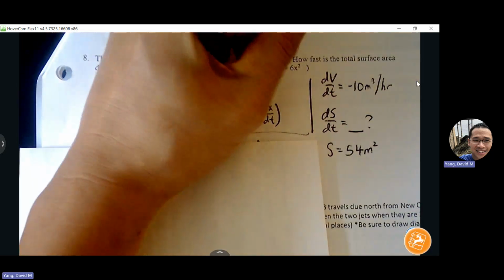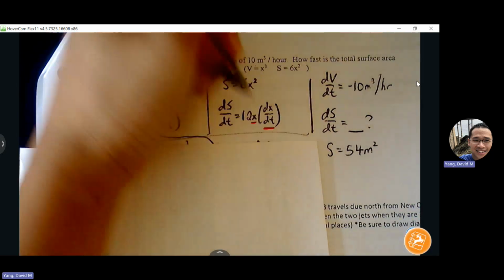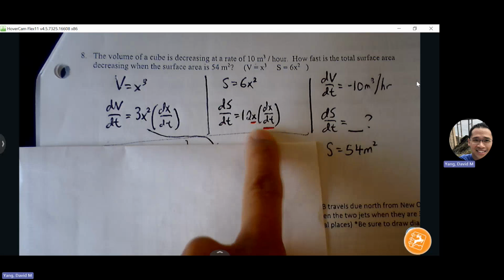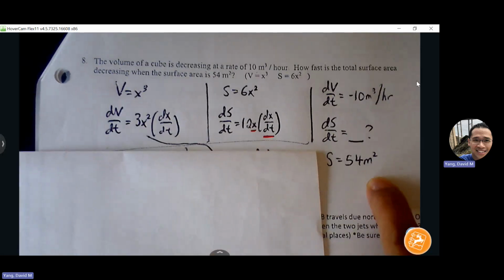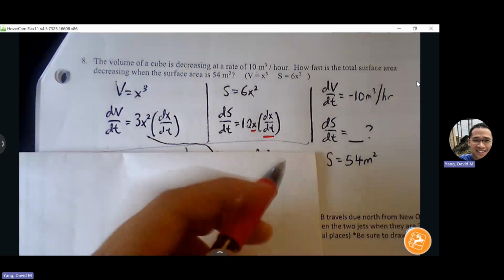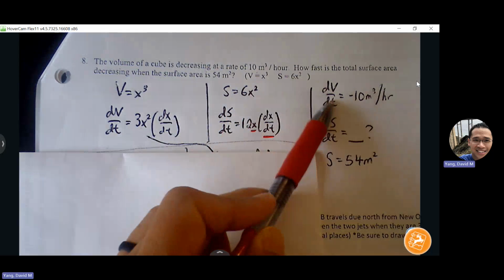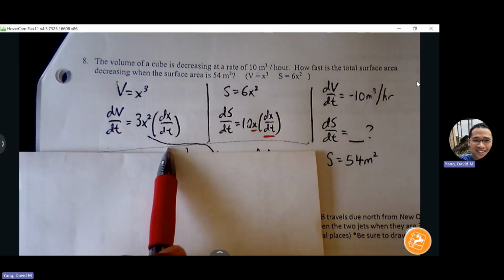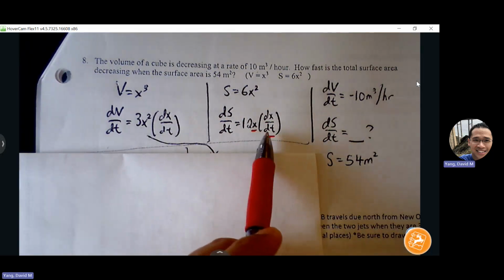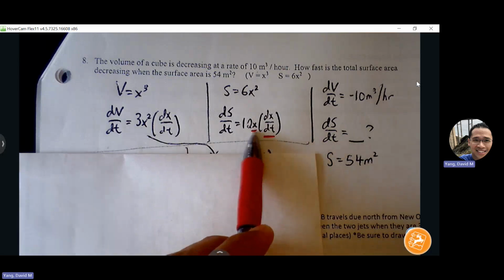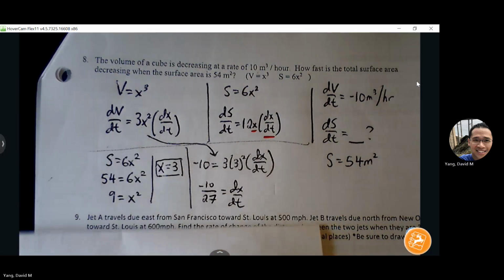But if you look, I need x, I need dx/dt. So they're not giving those variables to us, but they are giving us surface area information and dV/dt. So with the surface area, maybe we can use that to find x. Once we find x, we can use dV/dt to find dx/dt. And then we have the final two pieces that we need to build our ds/dt variable.